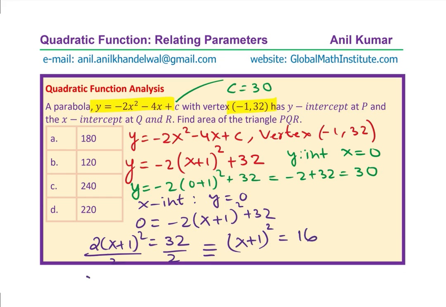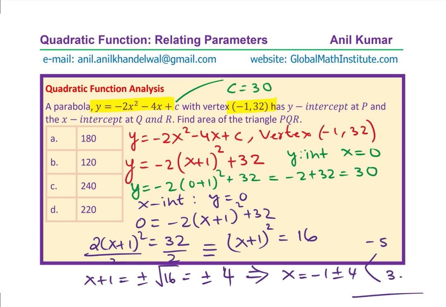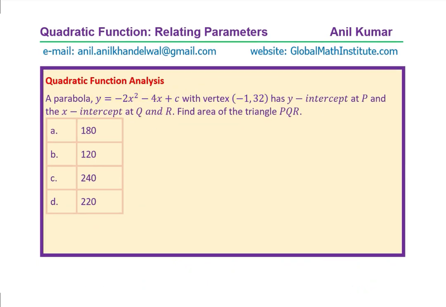So that gives x plus 1 equals plus minus square root of 16, which is plus minus 4. And from here, you can solve x as equal to minus 1 plus minus 4, and you get both the values, which are minus 5 and 3. You get the idea. So, using the vertex given to us and the equation without the value of constant c, we can calculate all the parameters as shown here, and then we can find the area, right?